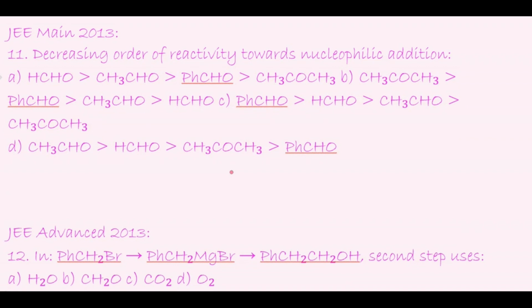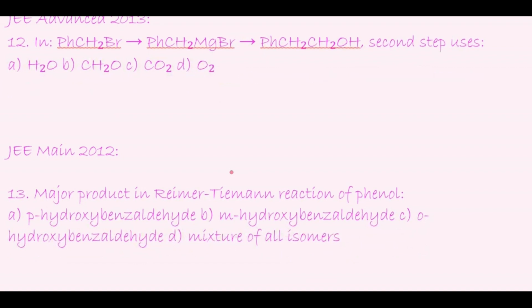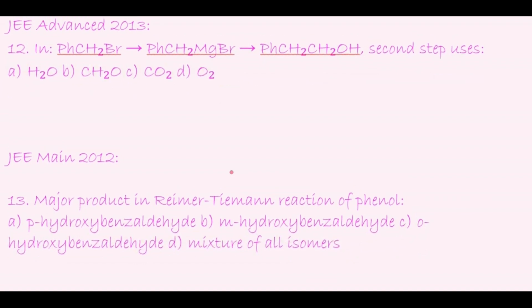Decreasing order of reactivity towards nucleophilic addition. Based on the steric hindrance, you can easily answer this. Which is the decreasing order? Just suggest and give me A, B, C or D in the comment section. And this question was asked in 2023.